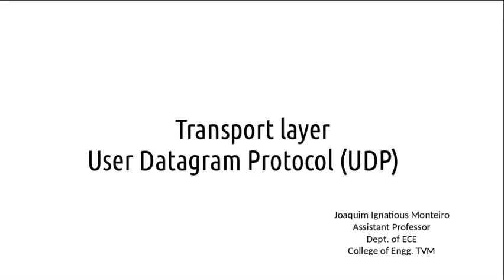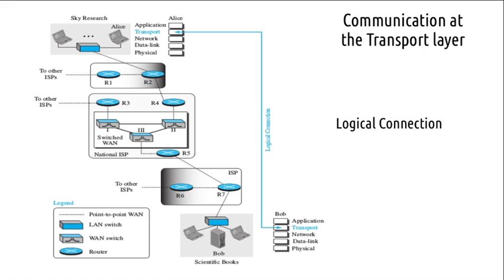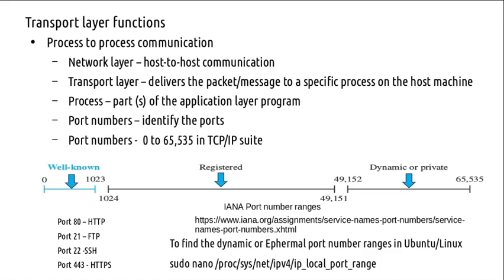So we discuss UDP, user datagram protocol. We are aware of this logical connection at the transport layer. We discussed it in the introductory lecture on the transport layer. We are also aware of port numbers: well-known port numbers in the 0 to 1023 range, registered port numbers, and private or ephemeral port numbers which we can use.